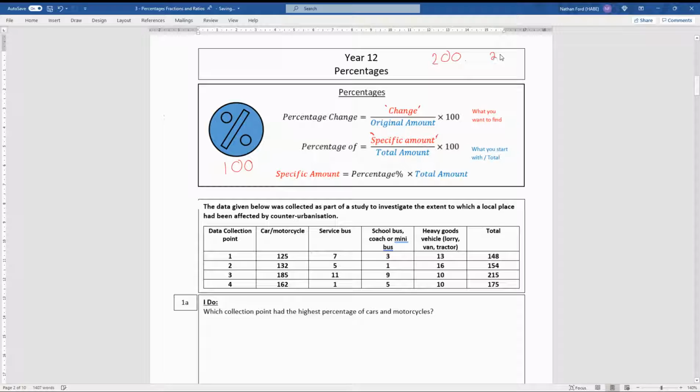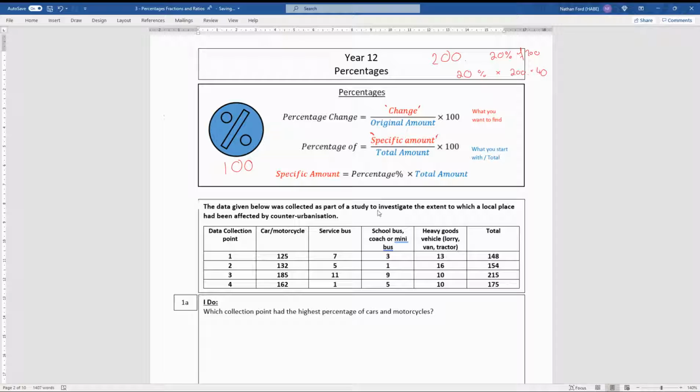I type in 20, the percentage button, of 200, and I get 40. You can use the calculator to do your work, because at A level and into further life, you've got your calculators available. It turns it into a percentage for you, and it's really nice to be able to use.